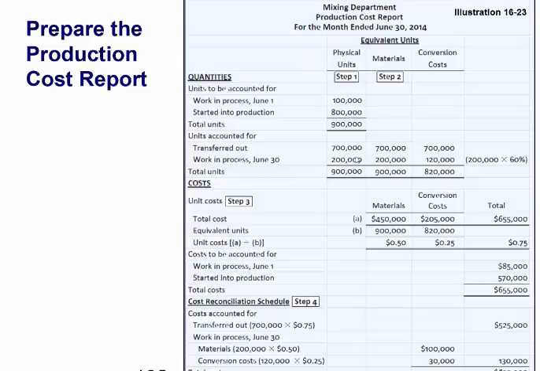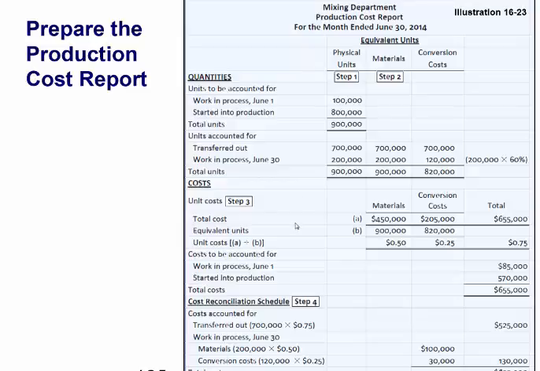So 200,000 times 0.6 equals 120,000 equivalent units as to conversion. So 700,000 plus 120,000 equals 820,000. Now step 3 is where we totaled our cost and calculated our equivalent units and the unit cost.